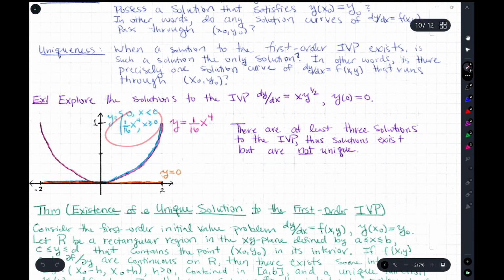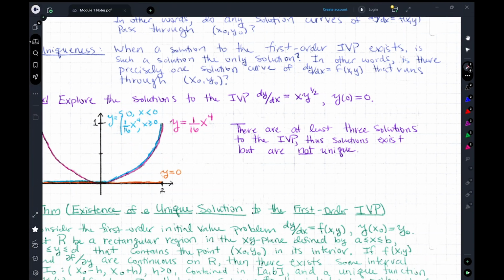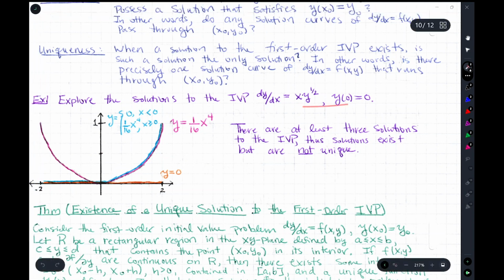And that's the blue solution there. It runs like this. So is there a solution? Does a solution exist to the initial value problem? Absolutely. Is it unique? No. We just found 3 different solutions to the initial value problem for this differential equation with this initial condition. There are at least 3 solutions to the IVP. The solutions exist but are not unique.